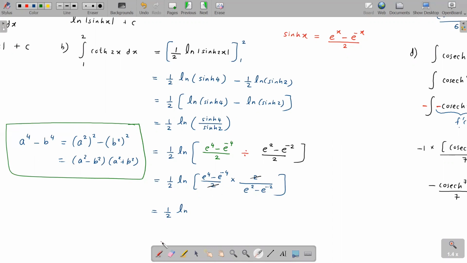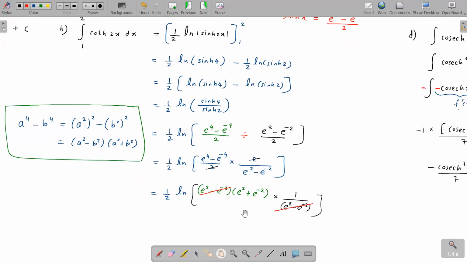So similarly here, e to the power 4, you can apply the rule. How does it work? e to the power 2 minus e to the power minus 2 times e to the power 2 plus e to the power minus 2, then times 1 over e to the power 2 minus e to the power minus 2. So what happens here? e to the power 2 minus e to the power minus 2 will cancel.